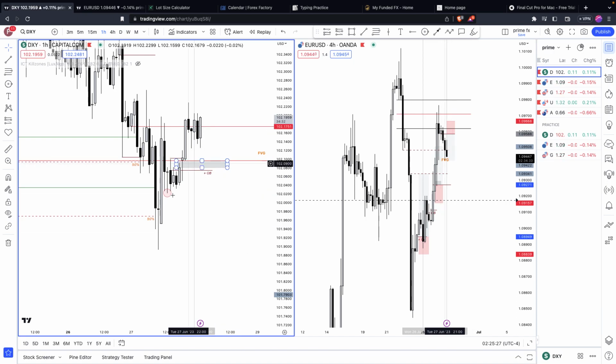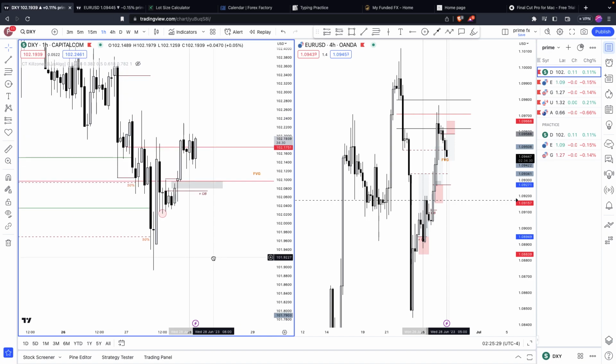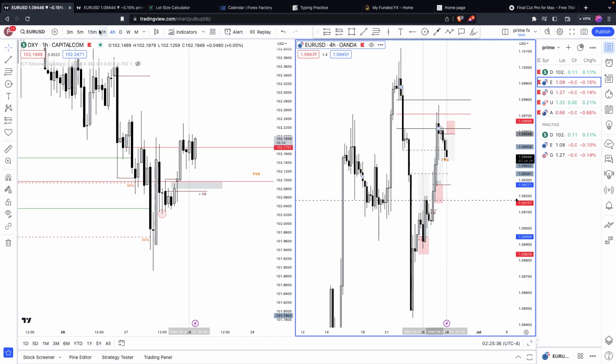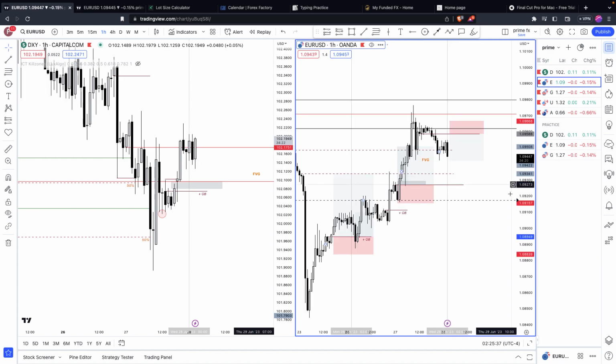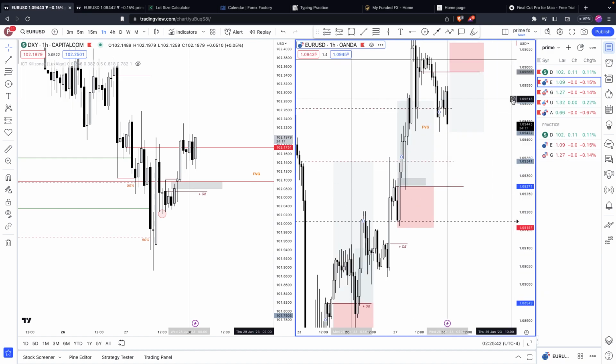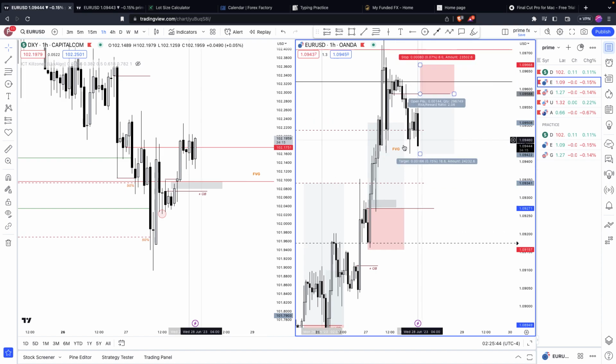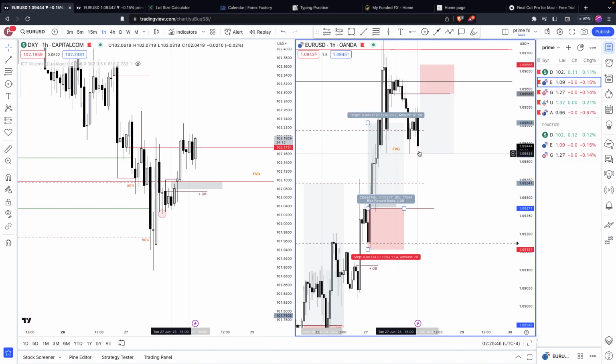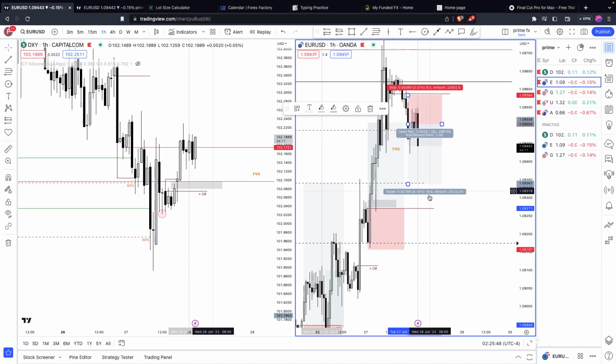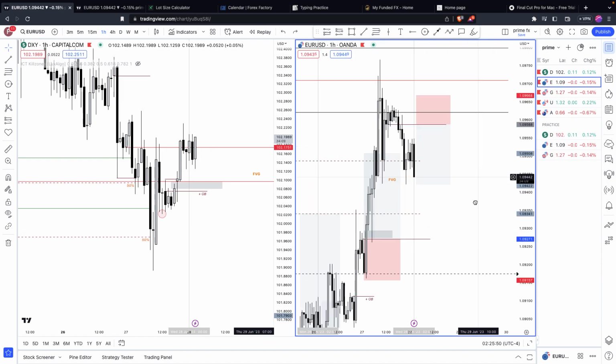This is what I'm actually looking at, what price is going to do next. It's reflected on the Euro USD, same thing. We do have these equal lows, and then price actually seems to be going lower.